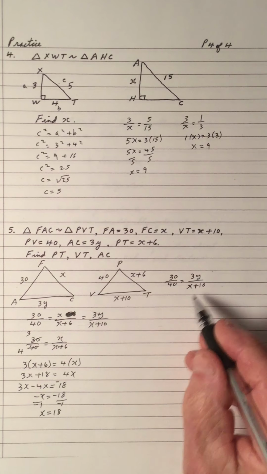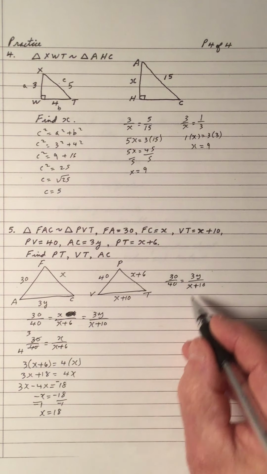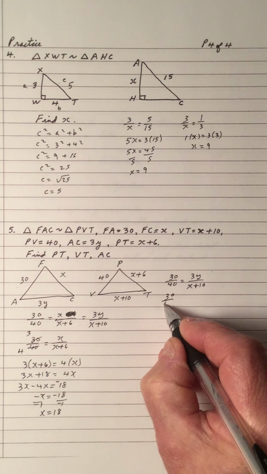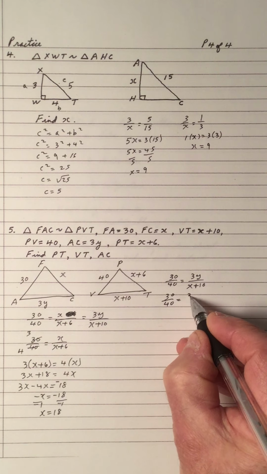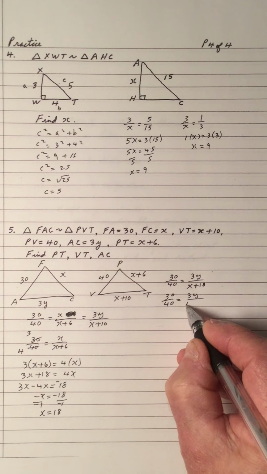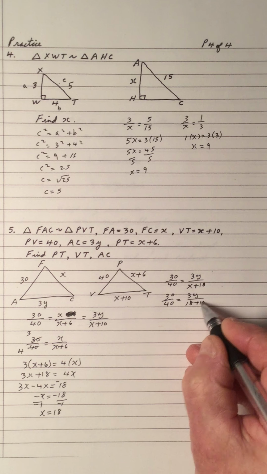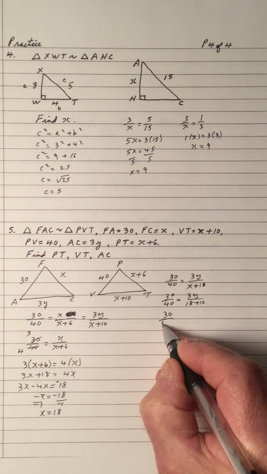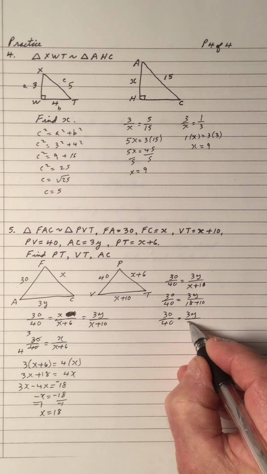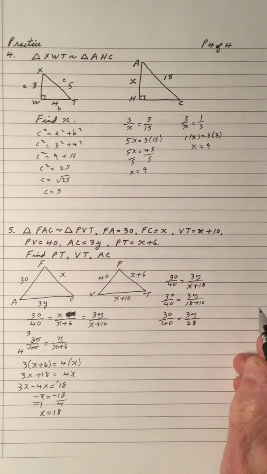In order to find the Y, I have to take the X, which is 18, and sub in here. So 30 over 40 equals 3Y over 28.